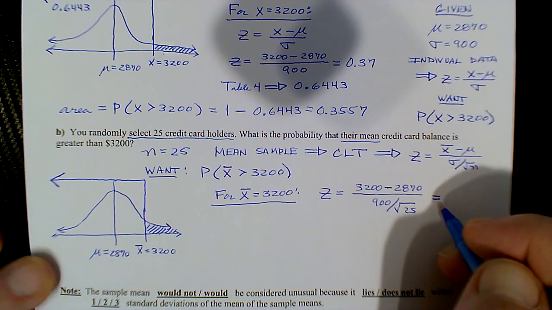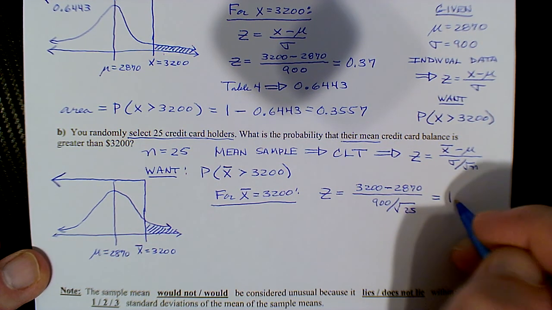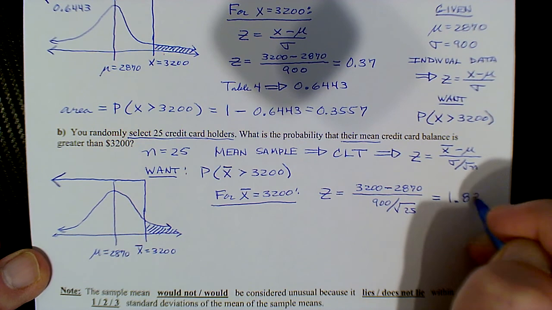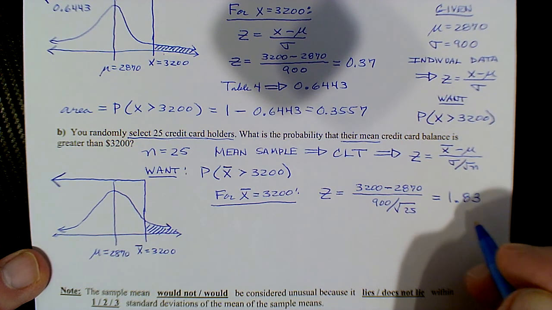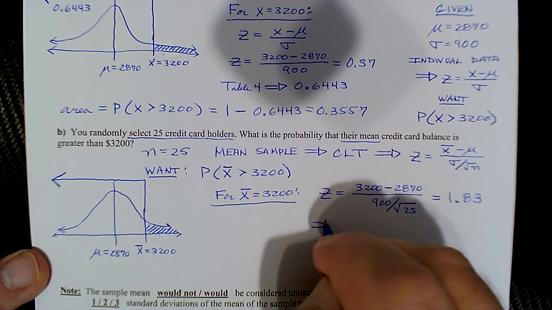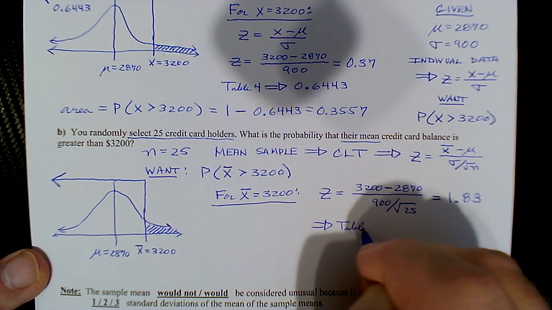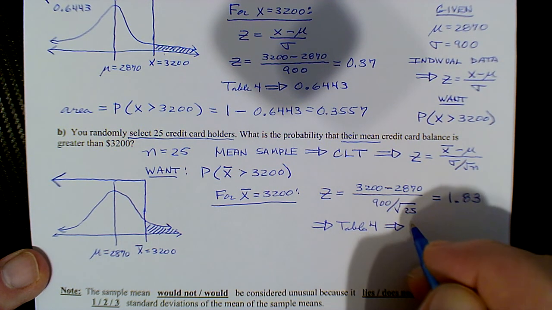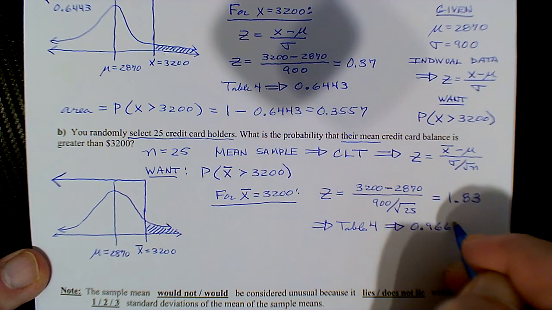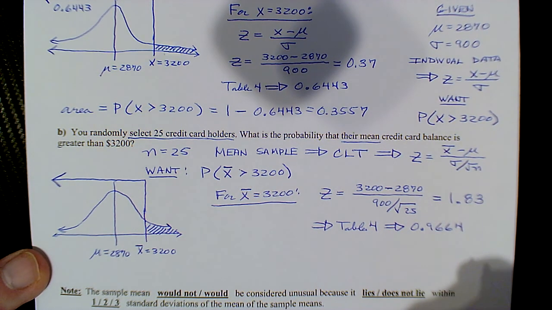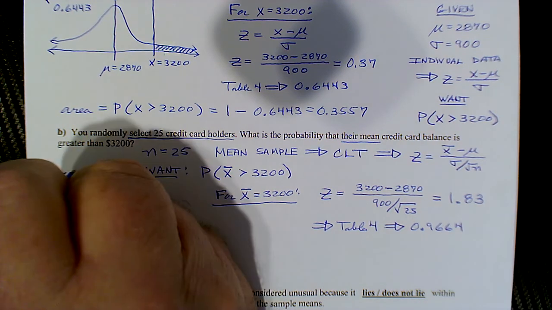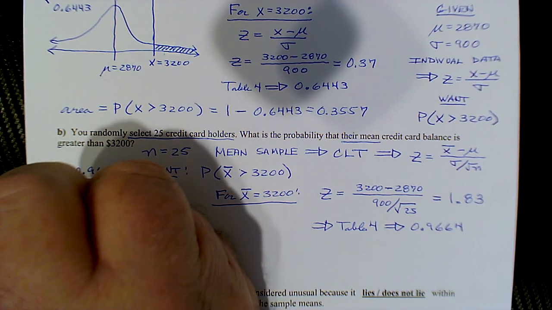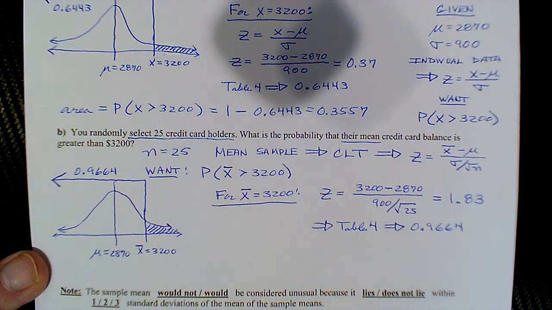So, calculating that, get positive 1.83, and so then we go to table 4, and that tells us an area of 0.9664, and so this is the area, 0.9664, and we want everything to the right of that.